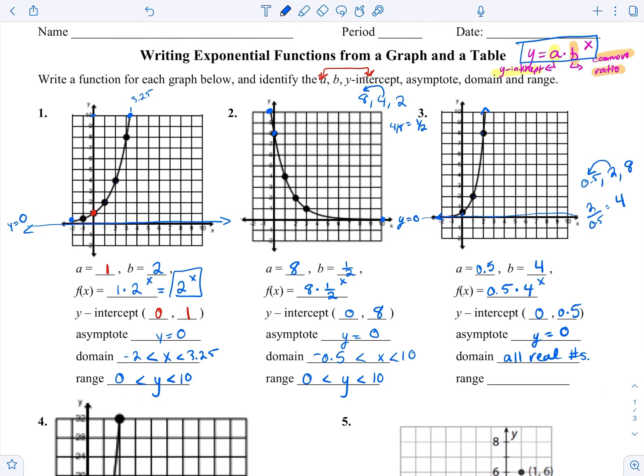What about our range? Well, this arrow right here at the right is telling us that it's going to continue to increase. And this asymptote is our boundary line for the range, y equals 0. So our range starts at 0 and goes all the way up to positive infinity. So our range is y is greater than 0.